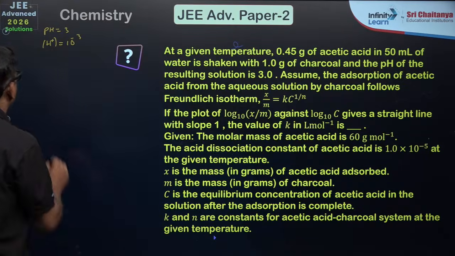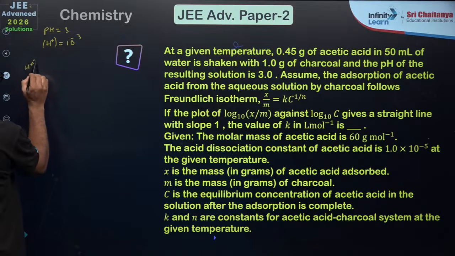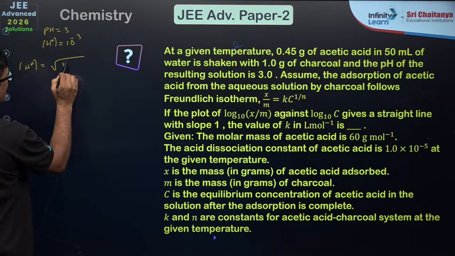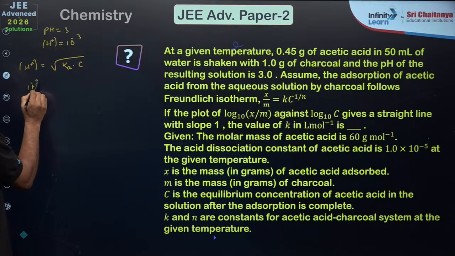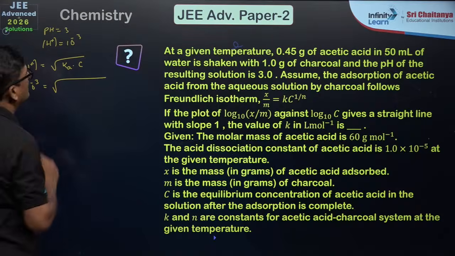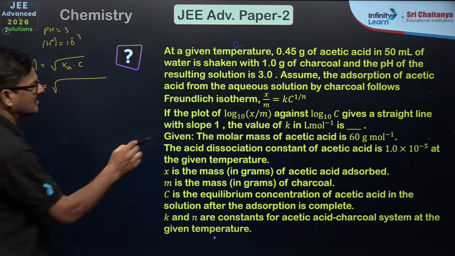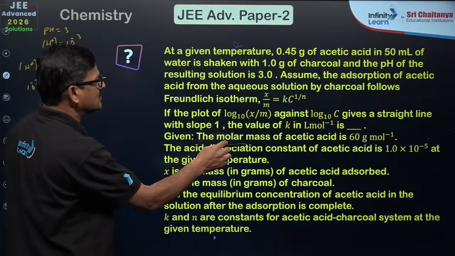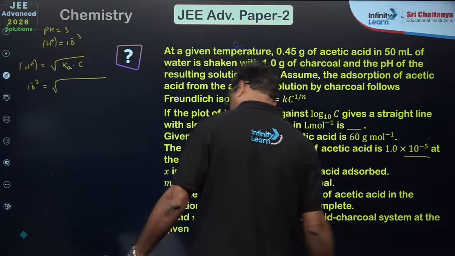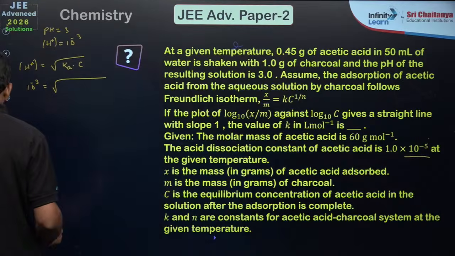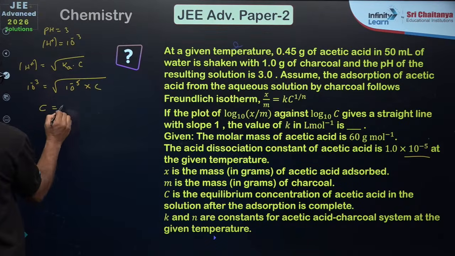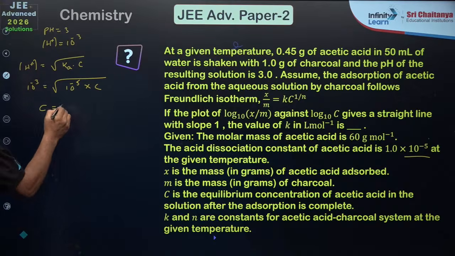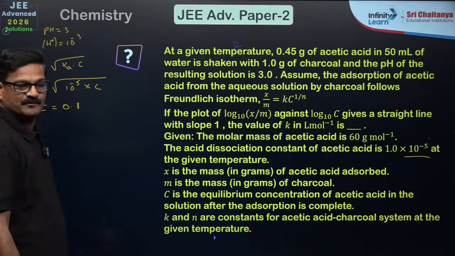So H plus concentration is root of Ka times C. The Ka value is given as 10 raised to negative 5, so 10 raised to negative 5 into C. On solving, C comes to be 0.1. So that is the key point.